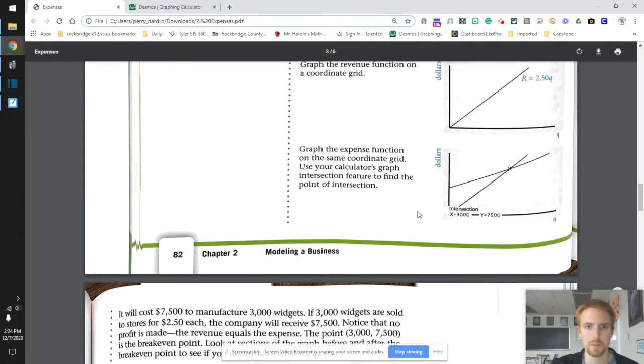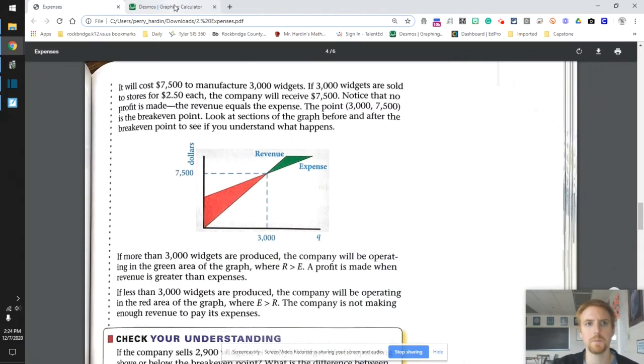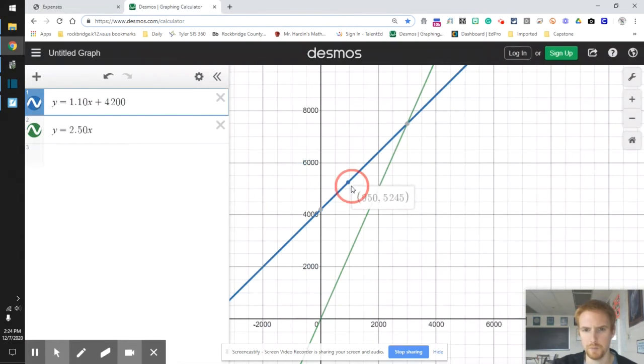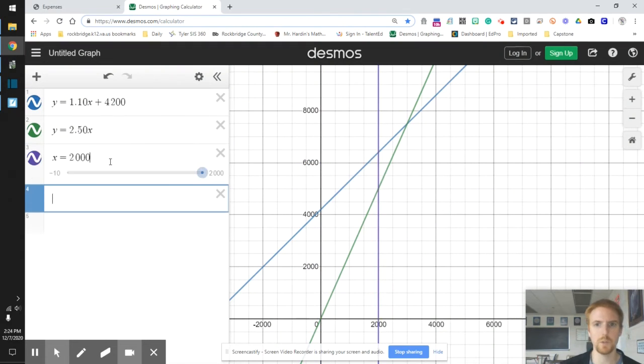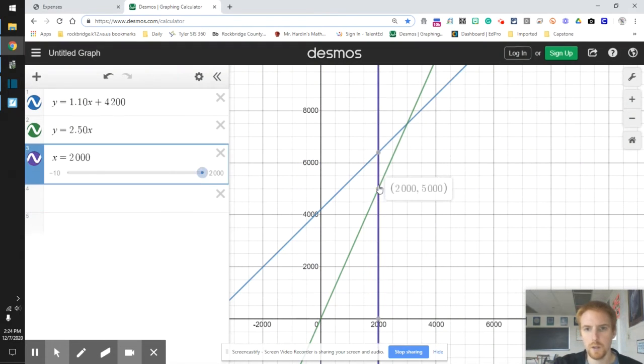Now, on the next page, you see this red and green graph. Think about what happens down here. Let's say I only make 2,000 of these things. Well, if I do that, my revenue is $5,000, but it's costing me $6,400. That means it cost me another $1,400 more than what I made. That's not good.